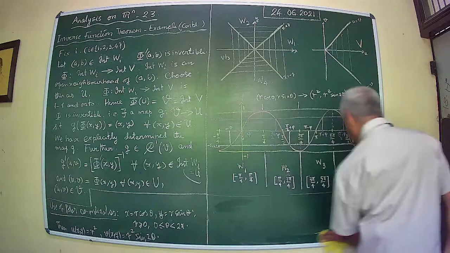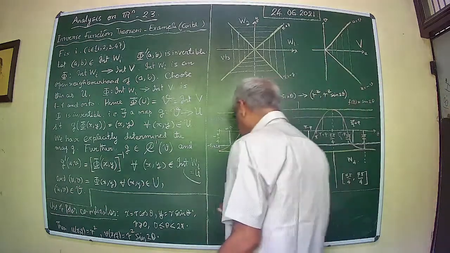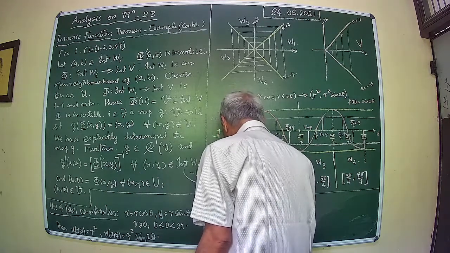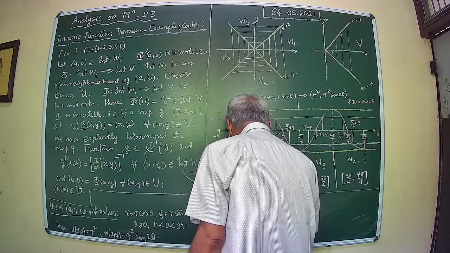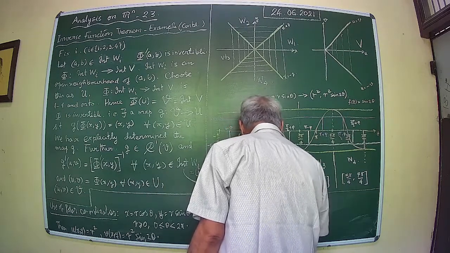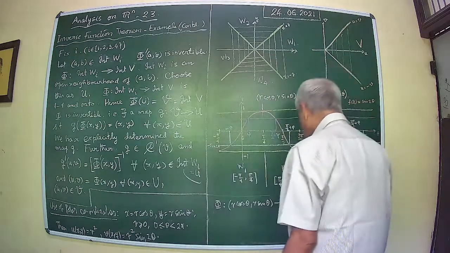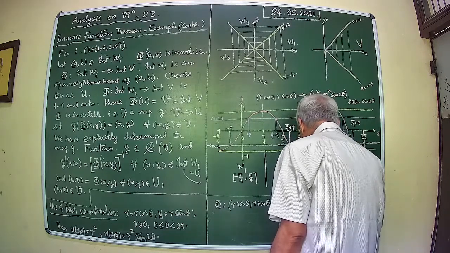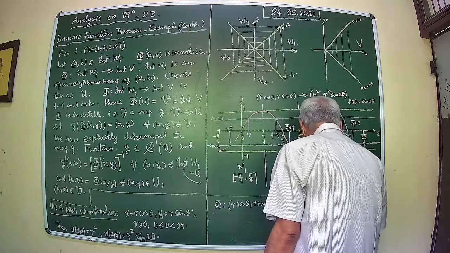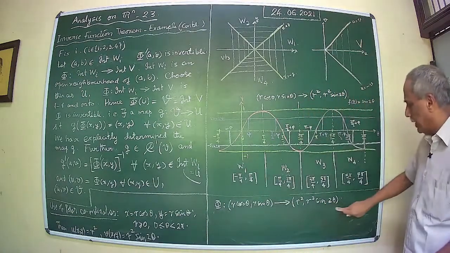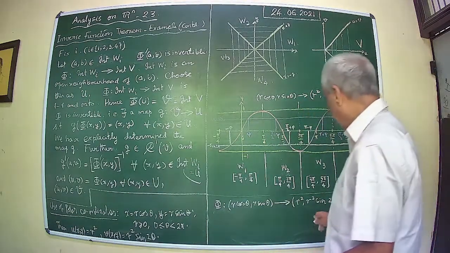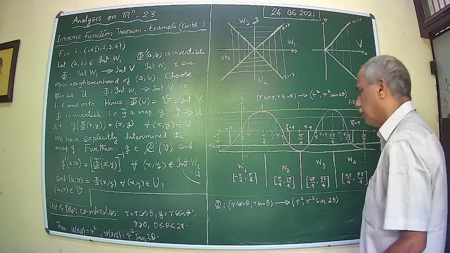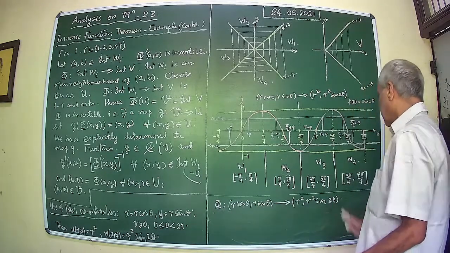So you have this phi maps ... Now this is your V. Now you clearly see that this gives u equal to r square, v equal to r square sin 2 theta.